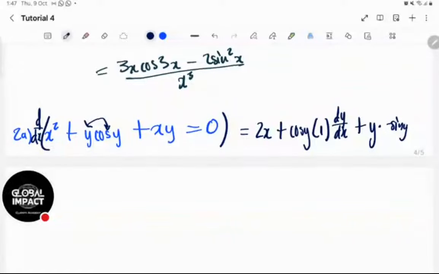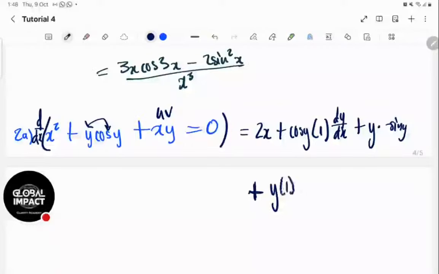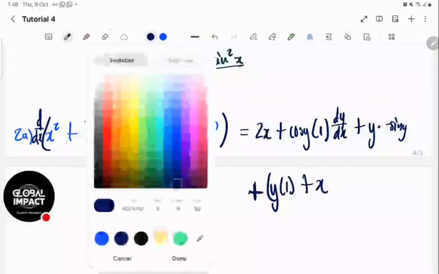Then you are now going to say plus here xy. Product rule says bring the second one, y, multiply by the derivative of the first one, plus bring the first, which is now going to be x, multiply by derivative of the second.